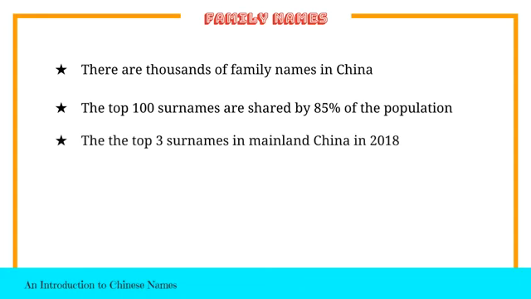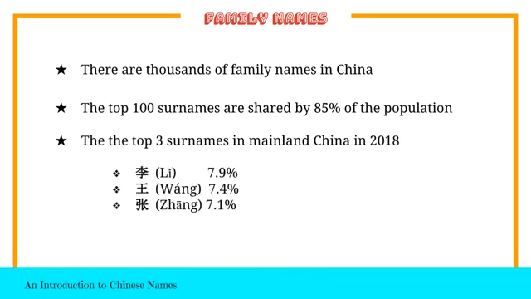Okay, the top 3 surnames in mainland China in 2018 are Li, Wang, and Zhang. Look at them. They have very, very large populations. 7.9% of the Chinese population share the surname Li.